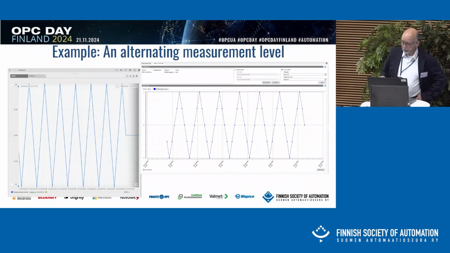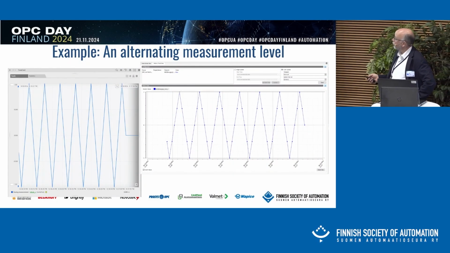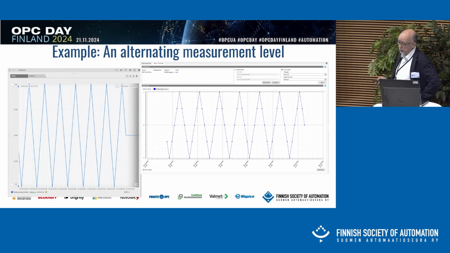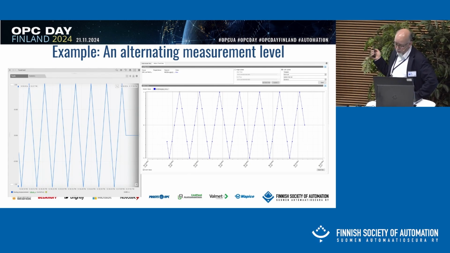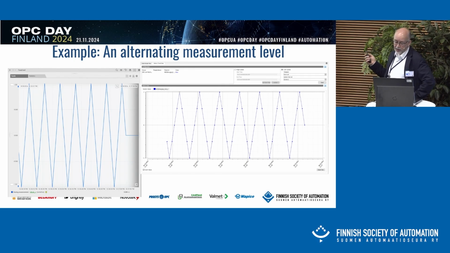And this was an example of how you can change the parameters, so the measurement level was changing. This is used with UA Expert, the trending tool. When it builds the instances, it also puts in-memory historical access there, buffering the trend data, the historical data, in a ring buffer.